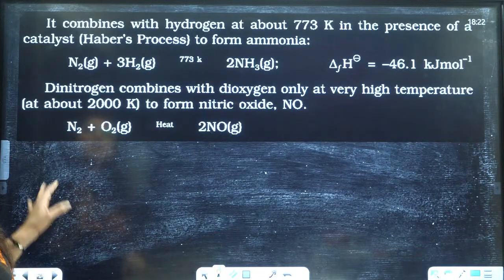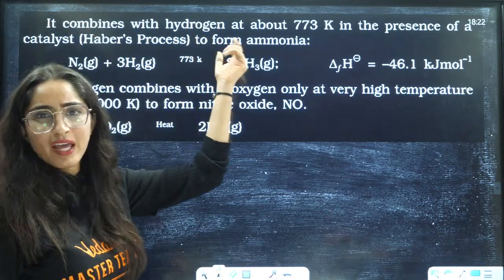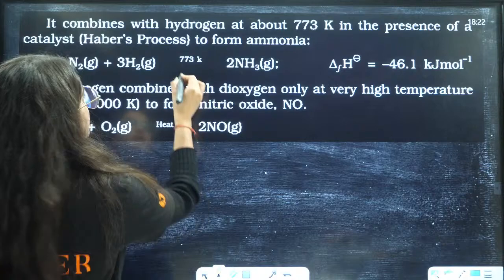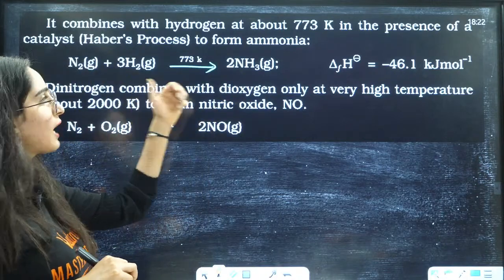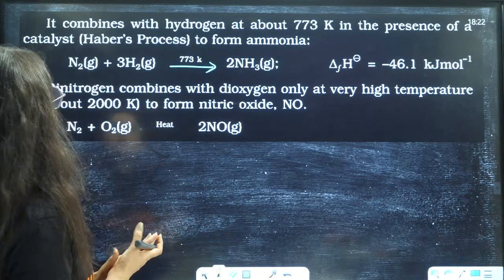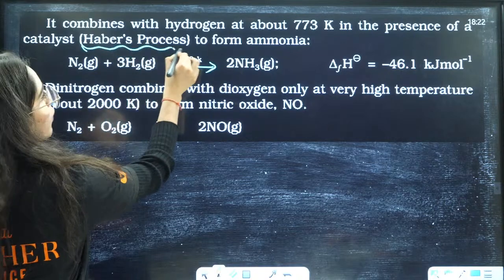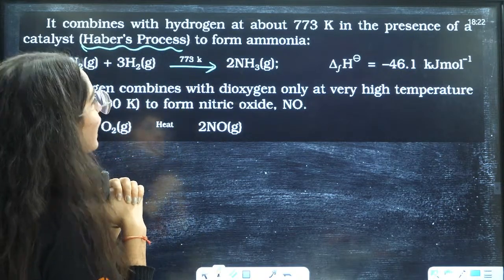Okay, so now here we have, it combines with hydrogen. This is a very, very famous process called Haber's process, right? When it combines with hydrogen, it forms ammonia. That is a very important process called Haber's process, right? Now here, in the presence of a catalyst, Haber's process forms ammonia, right?